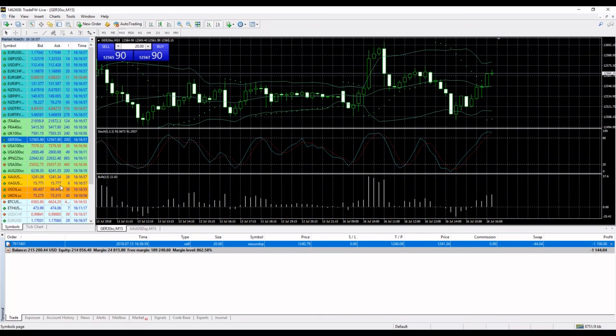DAX had a very nice up movement, but I couldn't catch it. As you see, we are trying with our indicators to define the strength of a trend. Kyriakos and I have been trading for a very long time, more than 10 years each.